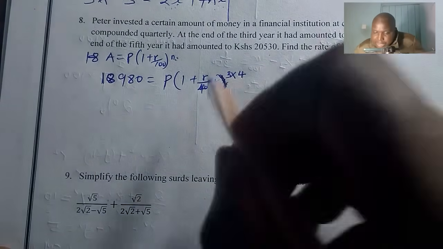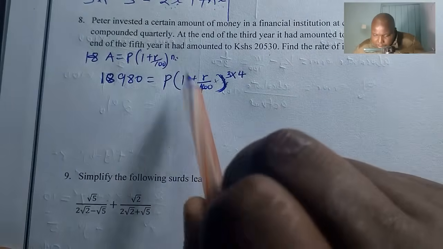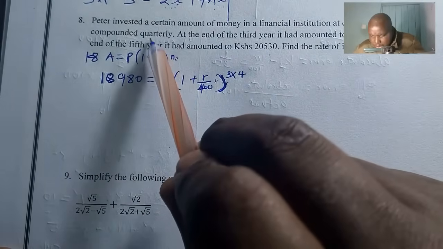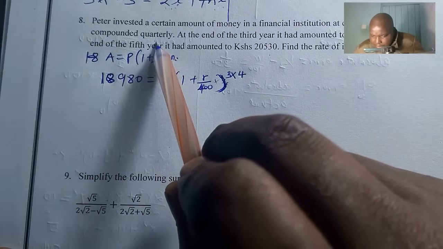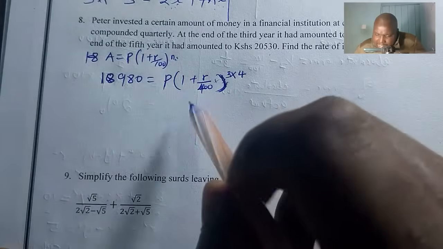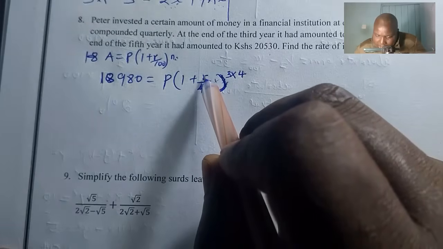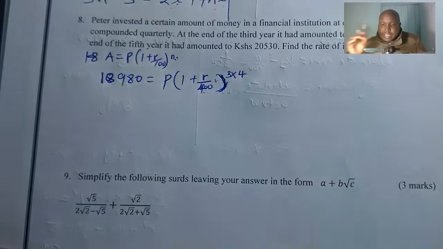I'm doing this because it is compounded quarterly. When it is compounded quarterly or half yearly, what you do inside the rate, it was supposed to be r over 100, isn't it?